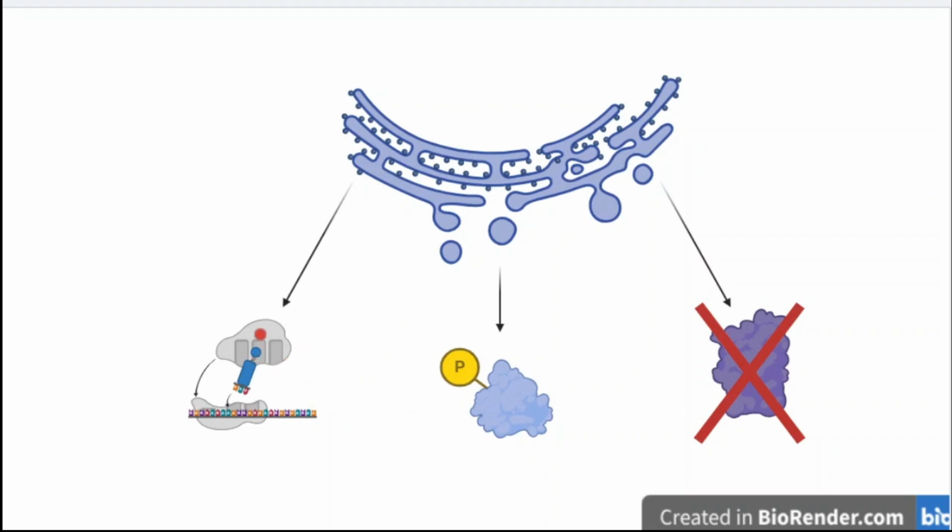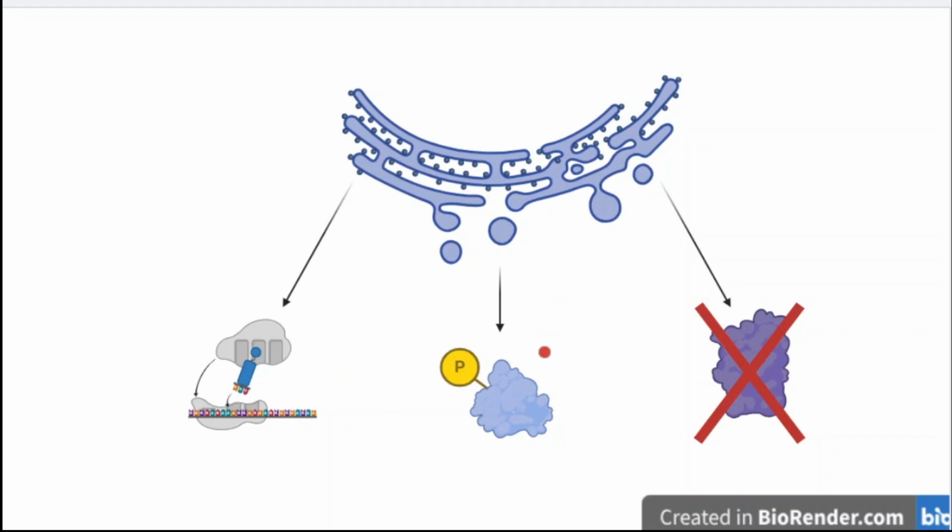However, this amino acid chain, or this protein, is not folded correctly. So what the RER does in addition is fold these proteins and perform post-translational modifications on them, for example phosphorylation. And misfolded proteins can always occur.